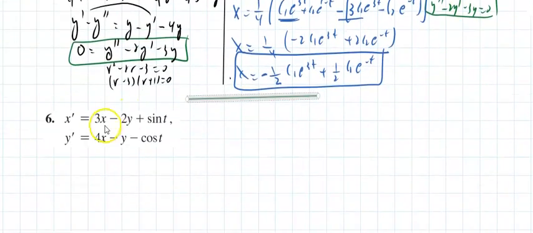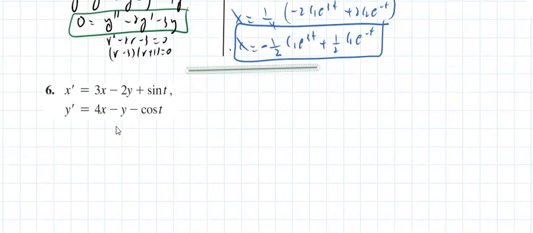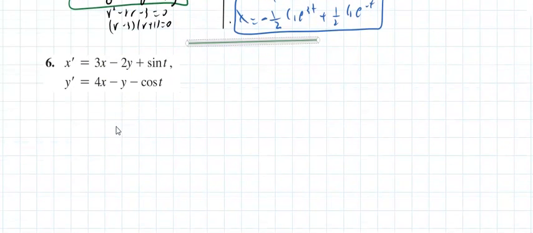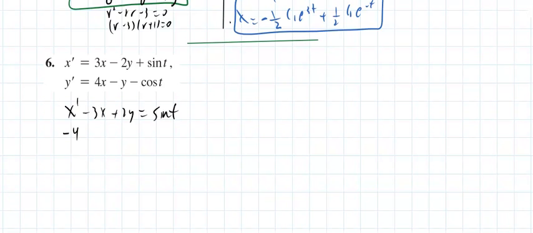So if you want to solve for x, you're going to have x prime and y in terms of both of those. On the bottom, you could solve for x and plug it up there, but the way we're going to do this, let's make this x prime minus 3x plus 2y equals sine of t, and negative 4x plus y prime plus y equals negative cosine of t.